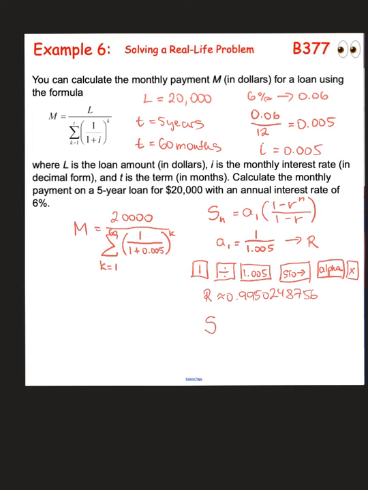So now we are going to substitute into the sum formula. We'll say the sum of the first 60 terms is going to be r times 1 minus r to the 60th divided by 1 minus r. When you punch this in the calculator, don't forget you need to put an extra set of parentheses.